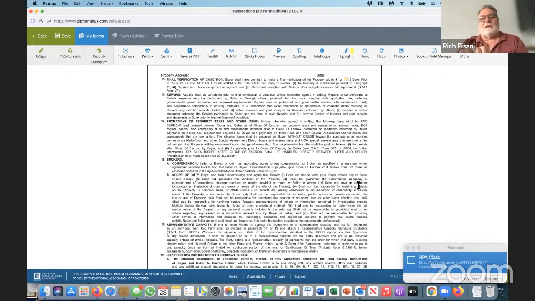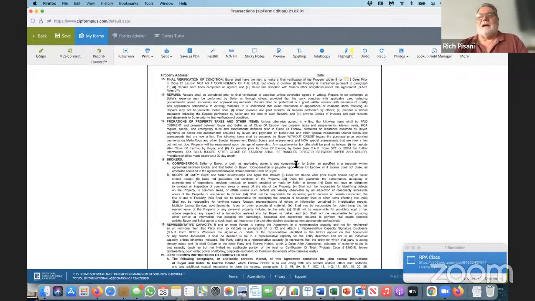This agreement: close of escrow, final VP. Repairs. If the seller agrees to do repairs, they can do the repairs themselves and give you receipts and whatnot, or if they hire somebody, they give you that. That's acceptable.